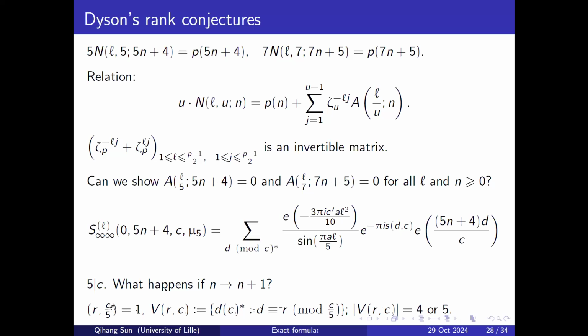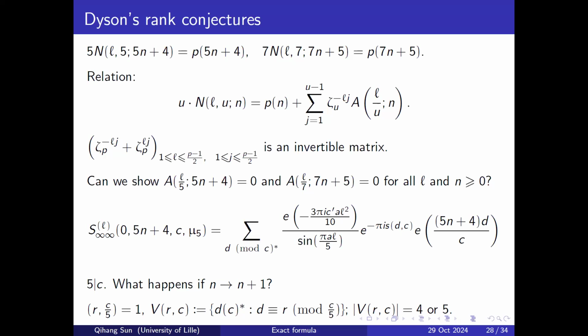And depending on whether c is divisible by 25 or c is only divisible by 5, the number of points in VRC will be 4 or 5 here. And the summation over this VRC of these complicated terms should cancel to 0, non-trivially. In a non-trivial way, they are not just cancelling by some conjugation.